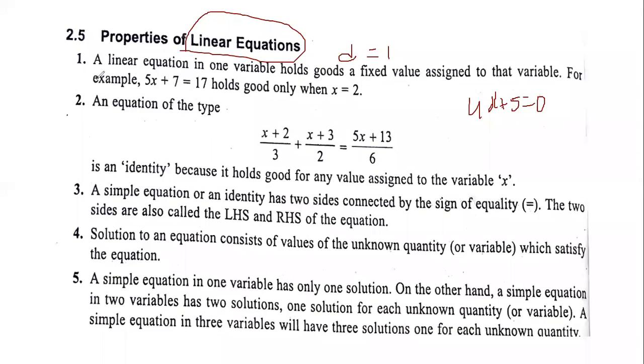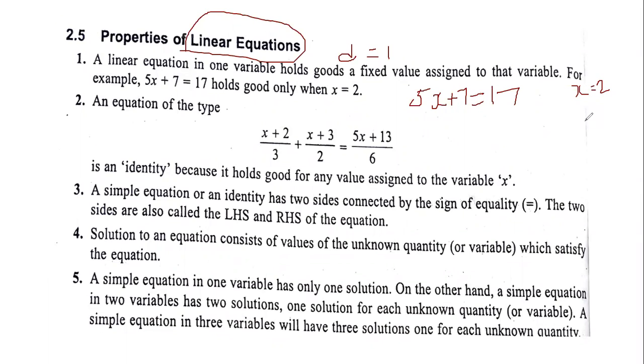So let us see the first point. A linear equation in one variable holds good for a fixed value assigned to that variable. Now they've given the expression 5x plus 7 is equal to 17 will hold good only when x is equal to 2. Let us understand why. 5x plus 7 is equal to 17 and x is equal to 2.